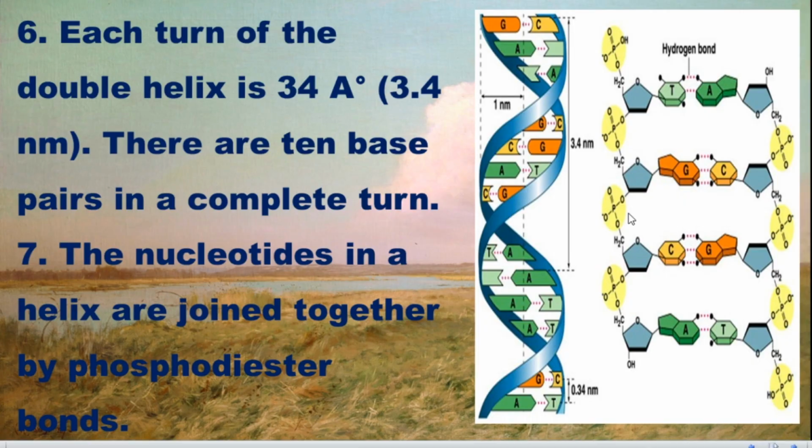One more question may be asked here. Each turn of the double helical shape is dash; you have to be able to write that. The nucleotides in a helix are joined together by dash bond; you have to write that.